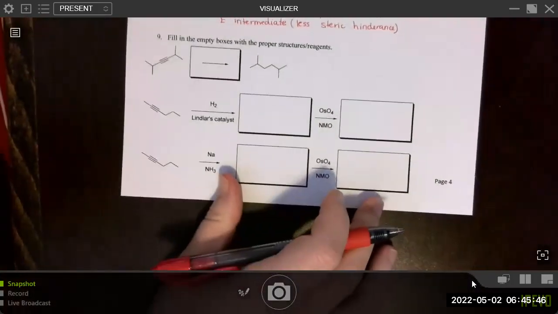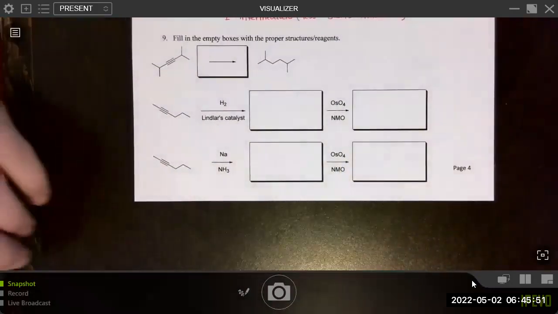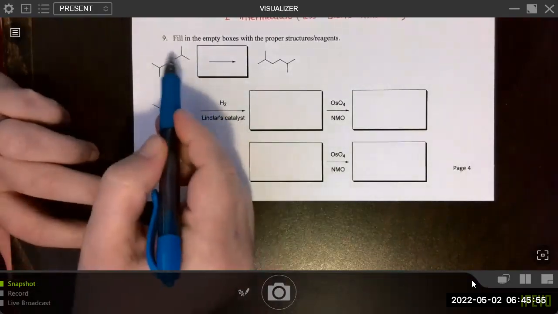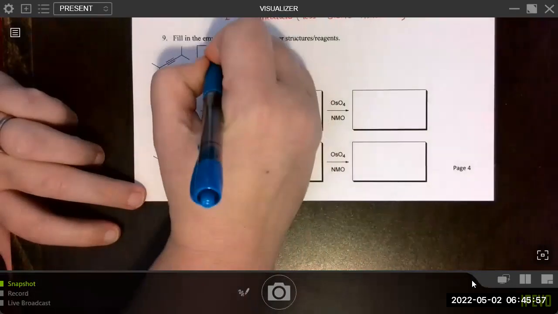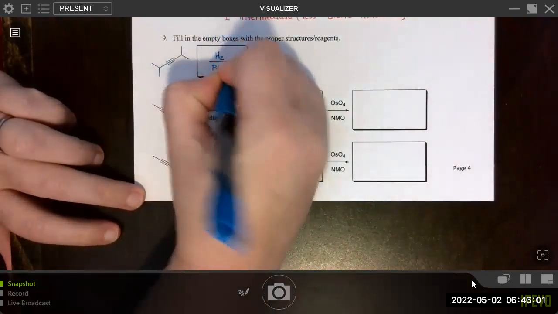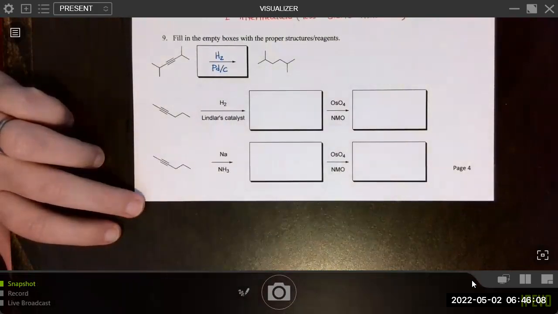Okay, moving on. Fill in the empty boxes with the proper structures or reagents. This is just a reduction of an alkyne to an alkene. So we just want to use hydrogen gas and catalysts like platinum or palladium on carbon. Here we're using hydrogen gas and Lindlar's catalyst.